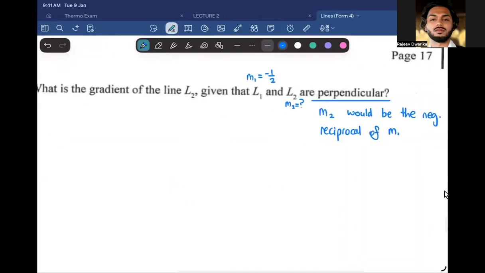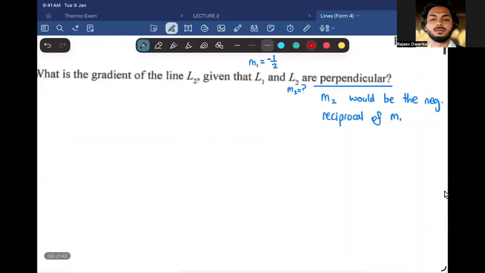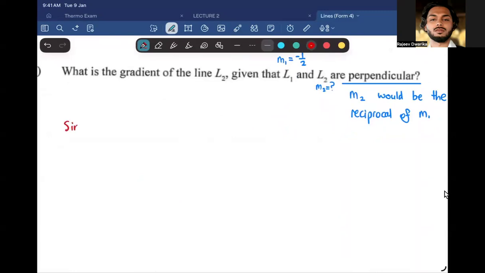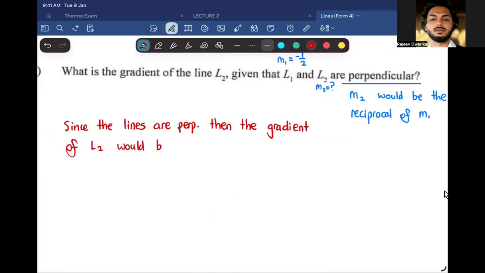That's it. And if you feel like that was way too little, you could have said, since the lines are perpendicular, then the gradient of line 2 would be the negative reciprocal of the gradient for L1.